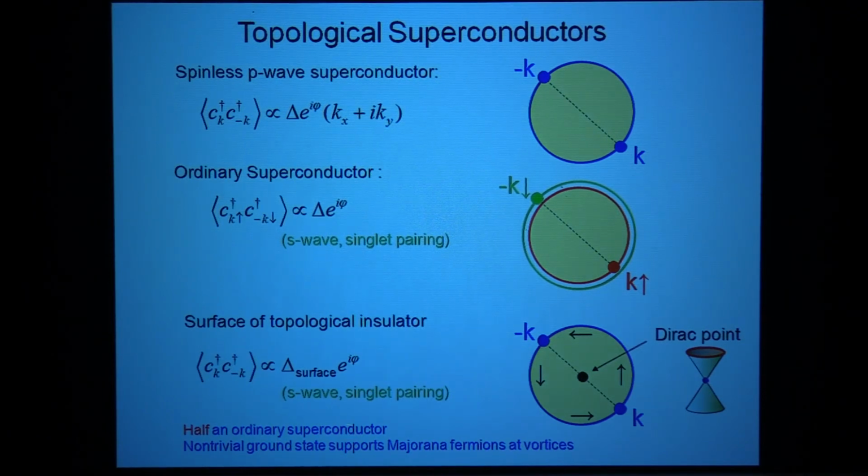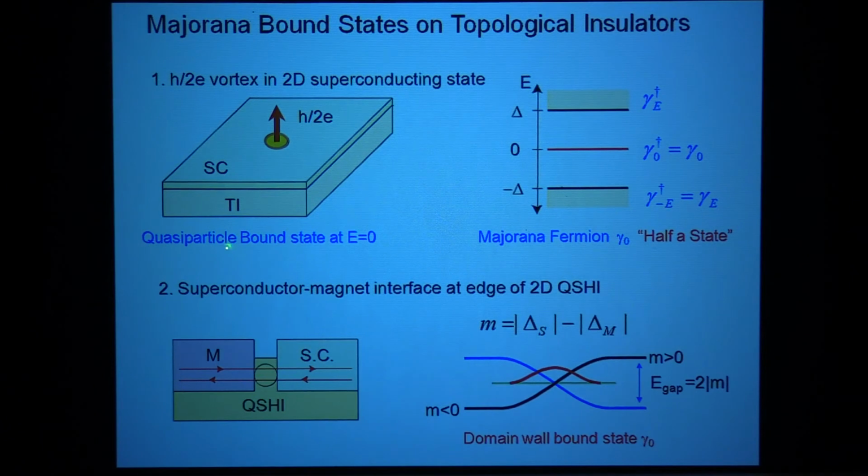And in fact, it supports these Majorana zero modes at vortices. So by using the surface of a topological insulator, if you have an h over 2e vortex, you have a Majorana zero mode bound at this vortex.